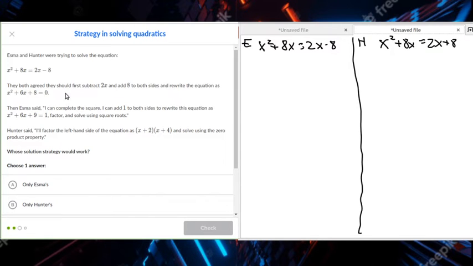They both agreed they should first subtract 2x and add 8 to both sides to get the equation. So they both do the same thing over here and get x squared plus 6x plus 8 equals 0. I'm just checking to make sure that we're not making mistakes.